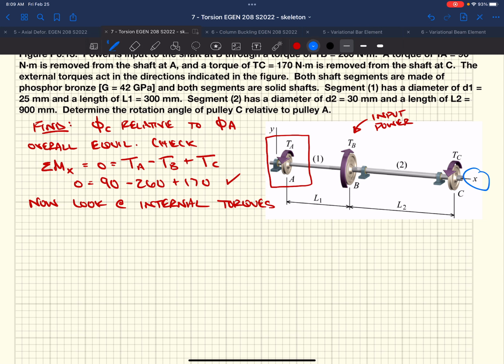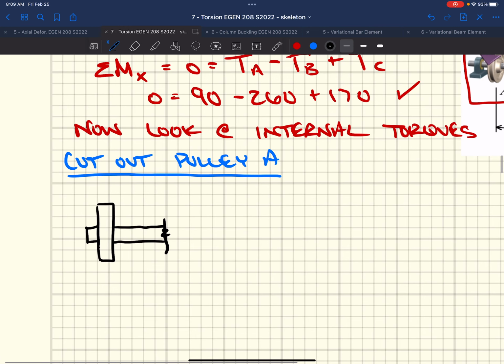So I'm going to cut out pulley A. Well, it looks something like this. All right, there's our pulley A. We cut it out.